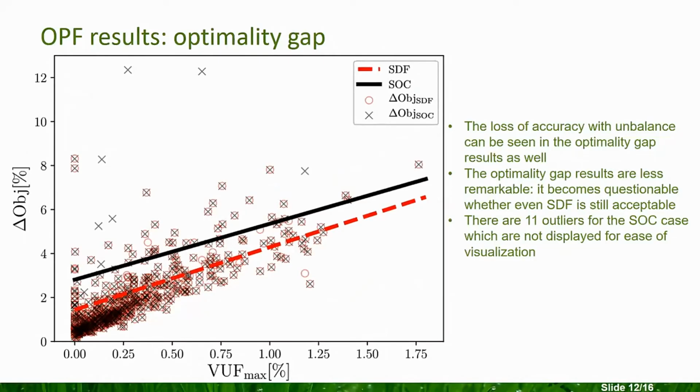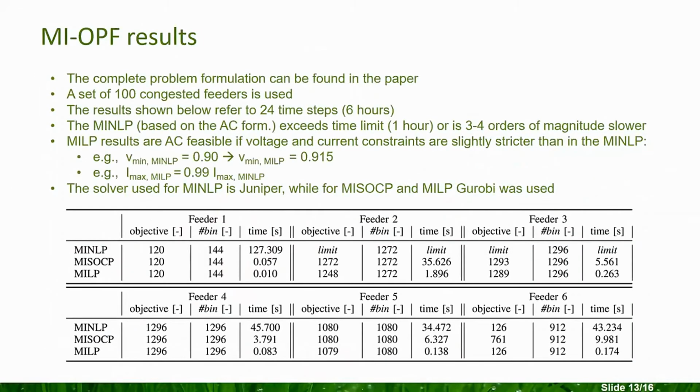And the results on the optimality gap are less remarkable than those on voltage bus accuracy, which makes it more questionable whether these two formulations are suitable for applications where finding the objective value as accurately as possible is the key. And again, the second order cone performs worse than the SDF formulation.